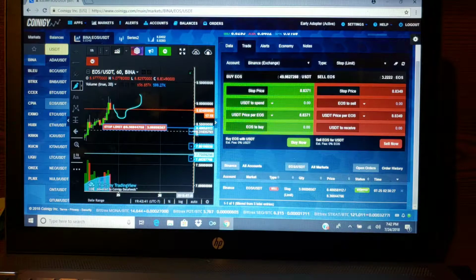I want to sell at a 5% gain with a 2% trailing stop loss. And then what happens is once it hits that 5%, it triggers and it will follow the price up as long as it keeps going up.